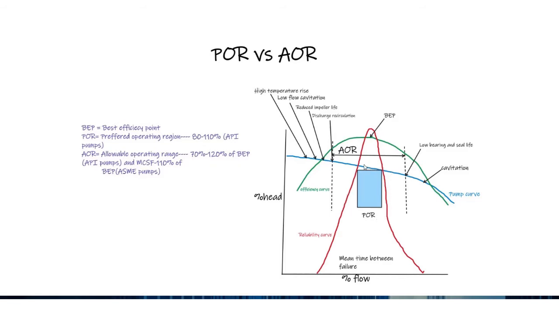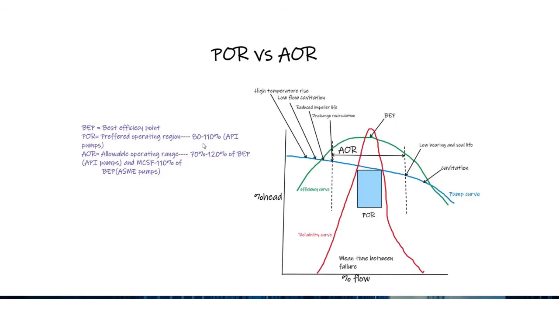That region is called the preferred operating region, where the manufacturer wants the operator to operate the pump. So you can see here this rectangular box in this curve. This is basically the preferred operating region on this pump curve.